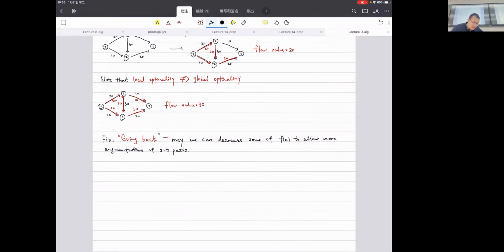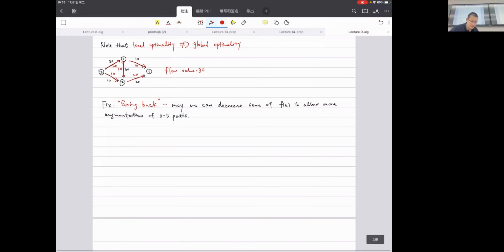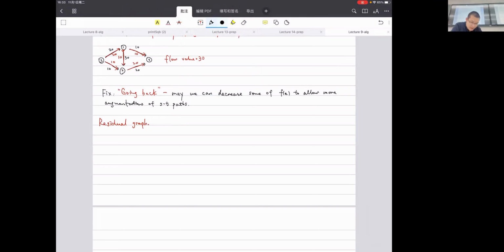Okay, so this is probably still a little bit intuitive, so let me make this a little bit more formal. The formal definition that we are going to use is a new definition that we call a residual graph. For the residual graph, of course, we first need a flow network.